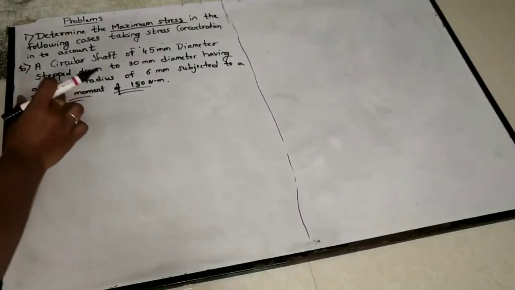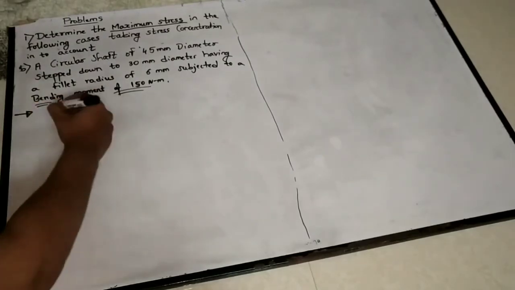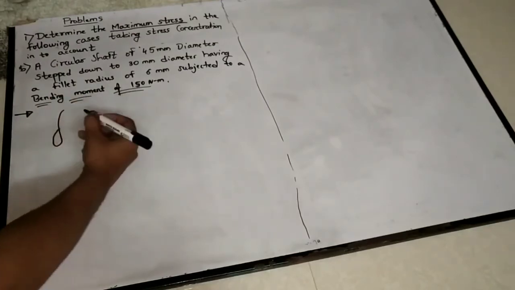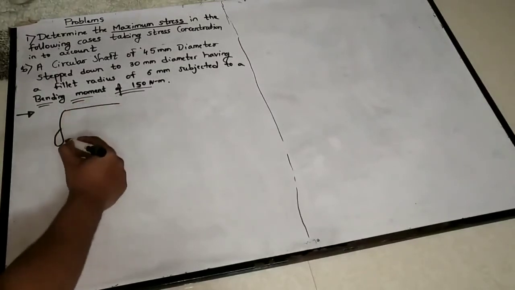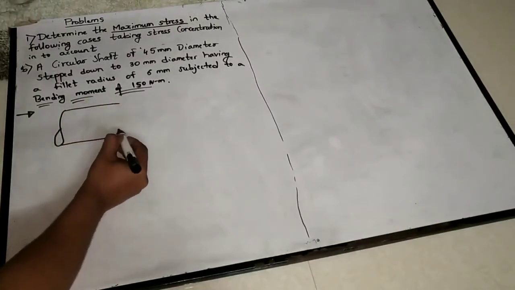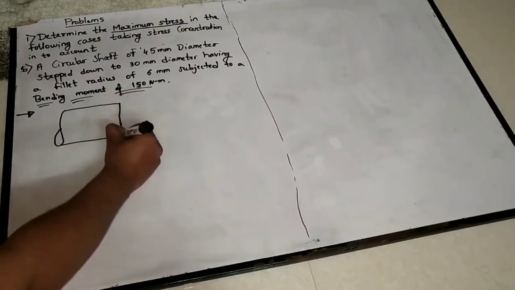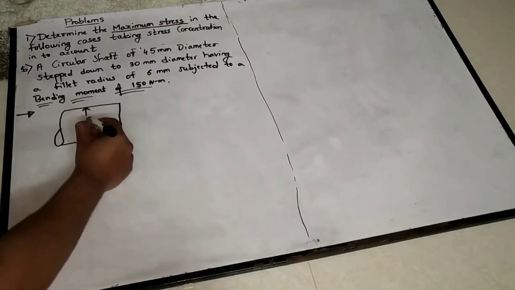Now by looking at the given data, first we will try to draw the diagram. So this is a shaft of 45 mm diameter.